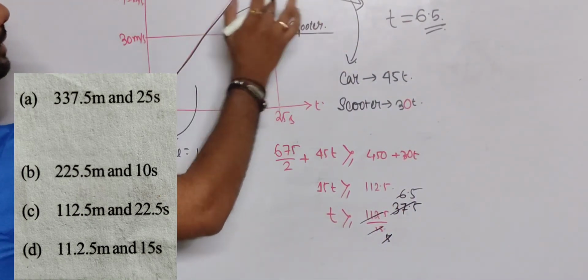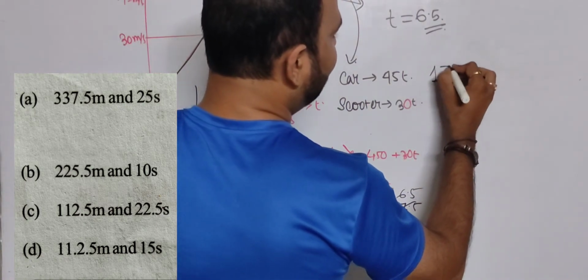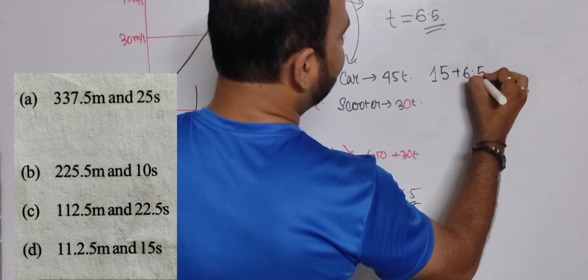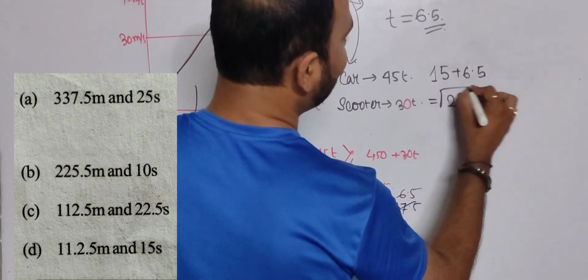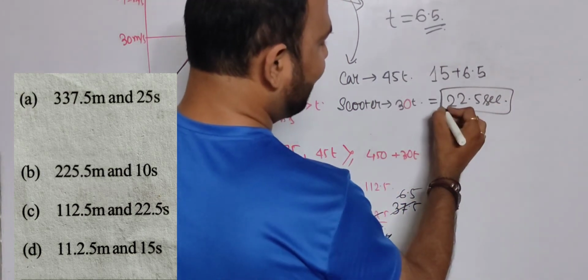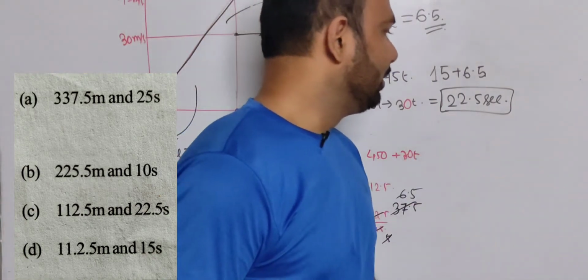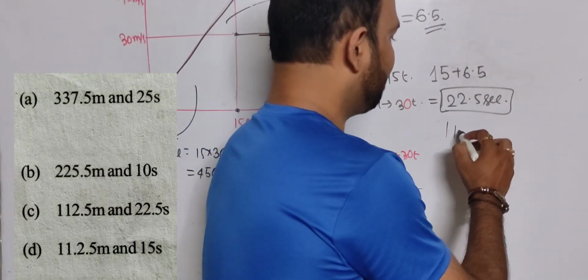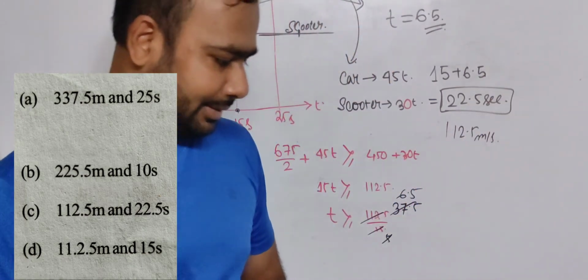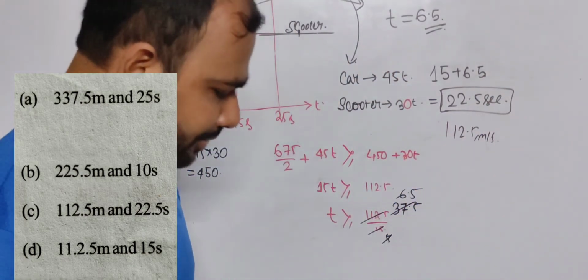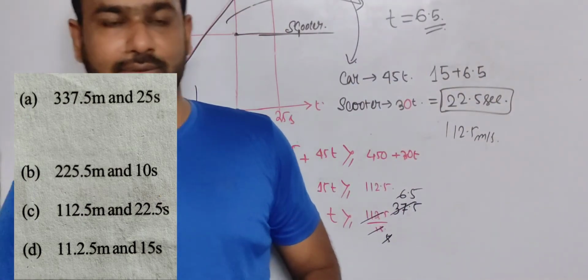The total time is 15 plus t, that is 22.5 seconds. So at 22.5 seconds the car will overtake the scooter, and the distance between them is 112.5 meters. Okay. Option C is your correct answer.